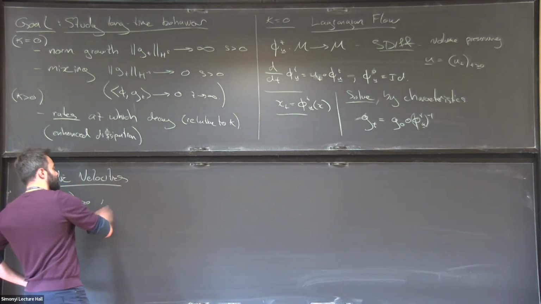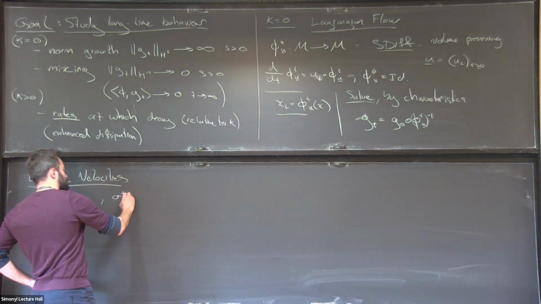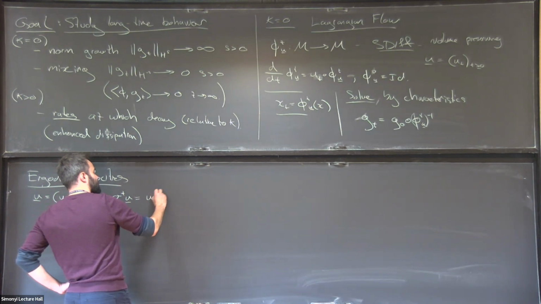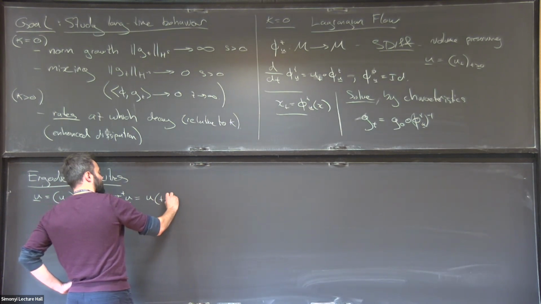What I can do is define a dynamical system on this path in the following way. It just takes u and shifts it forward in time.